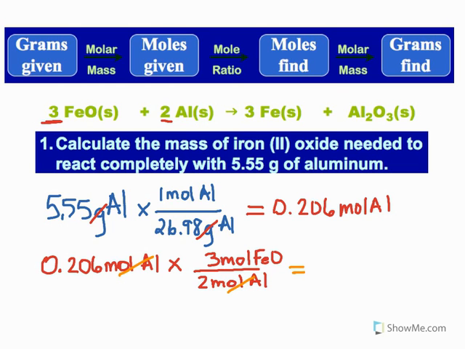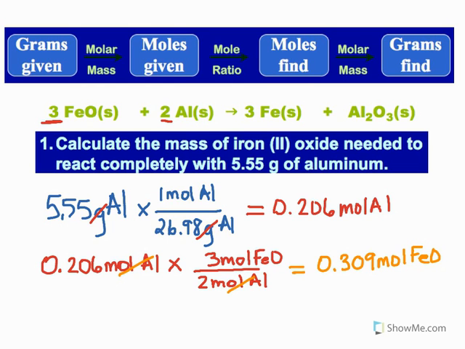When I do that, I get 0.309 moles of iron oxide. And this kind of makes sense, because for every 3 moles of iron oxide, I need 2 moles of aluminum, which means I'm going to need more moles of iron oxide. So if I have 0.206 moles of aluminum, it makes sense that I need 1.5 times that for the iron oxide.